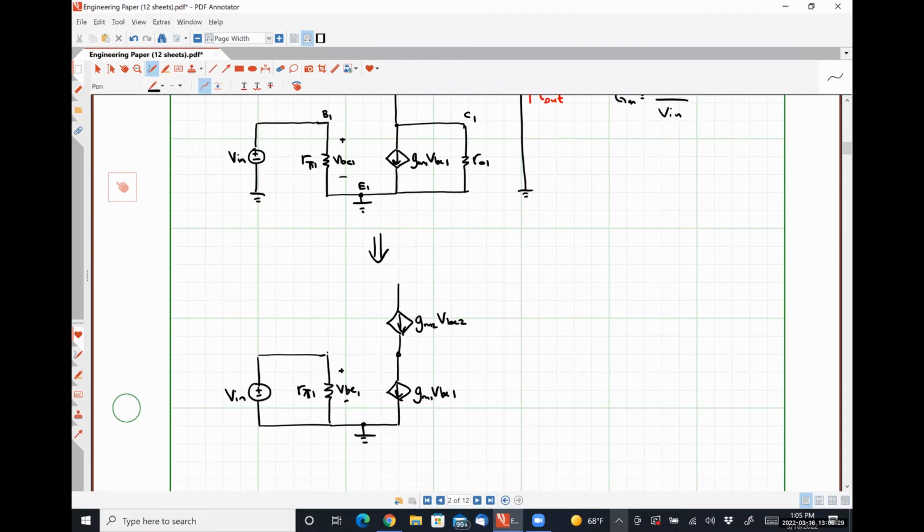Here's my ground node, and I'm going to explicitly state here, this ground node is effectively the node at which E1 is, B2 is, and C2 is.